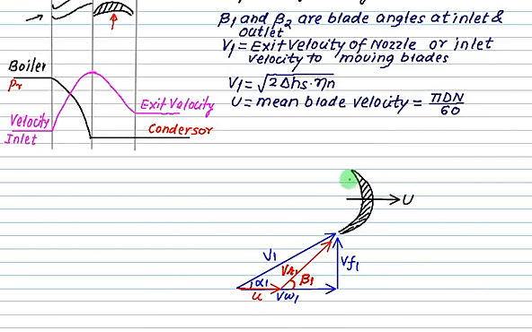As the steam passes over the blade with a velocity equal to Vr1 at entry, because of friction some heat will be generated because there is a drop in velocity, and this factor is represented by K and is normally given by Vr2 by Vr1. Then the steam will leave with a velocity equal to Vr2, which is much lower than Vr1.